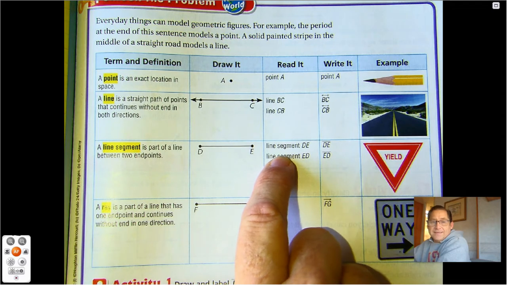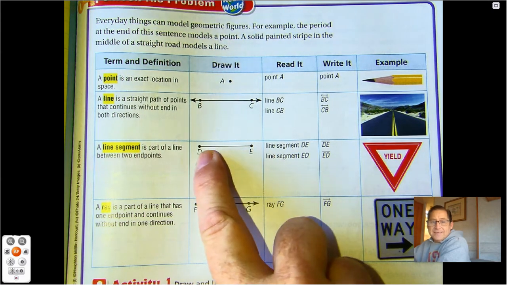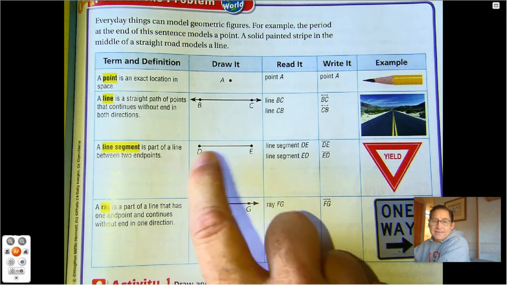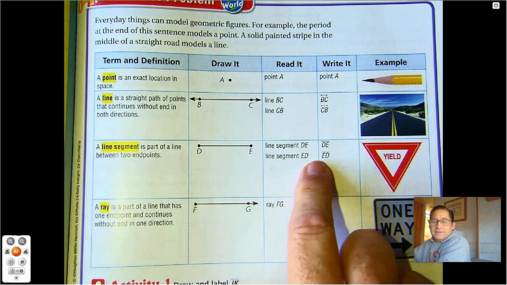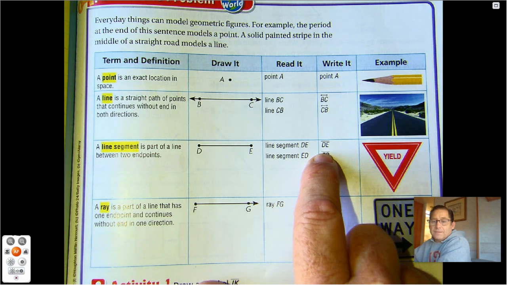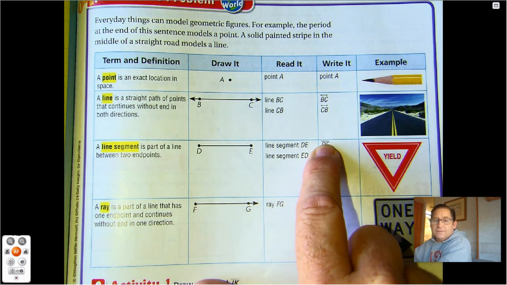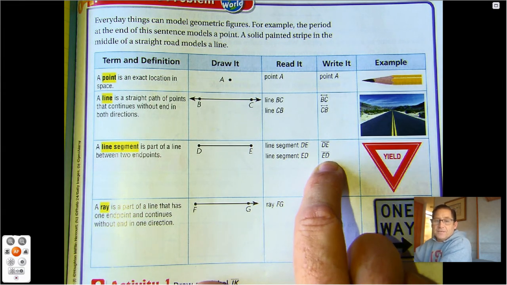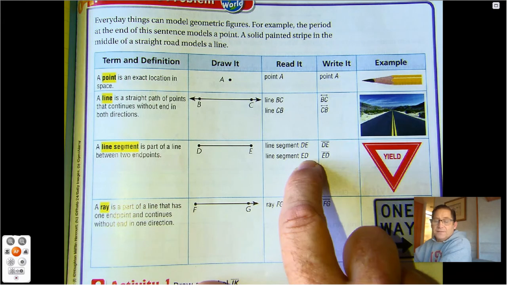And so we read this as line segment DE or line segment ED. The symbol for a line segment is a line without arrows, and then the name of the points. In which direction are you reading the line segment? Again, you can choose either endpoint to be read first.